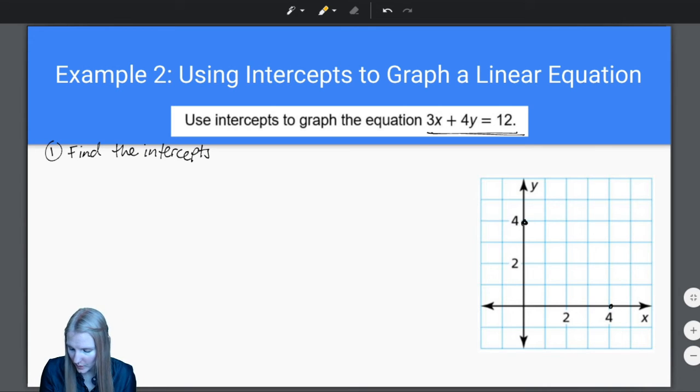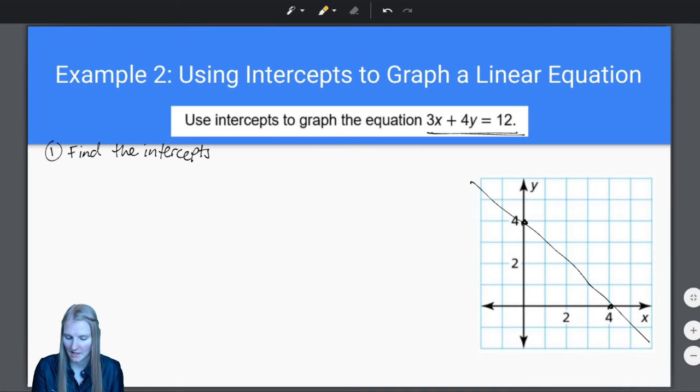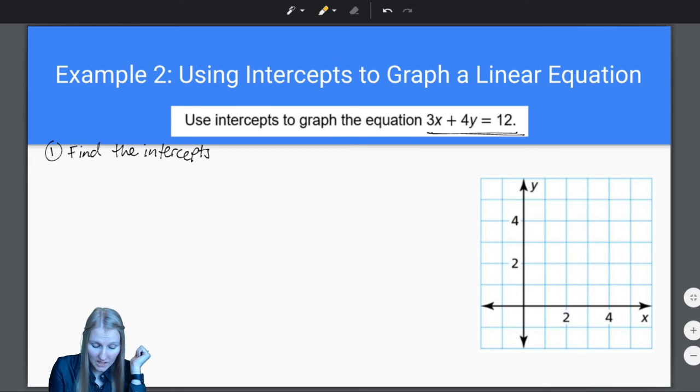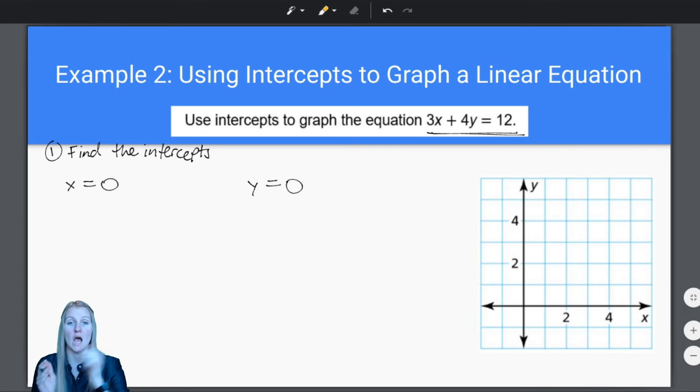Where are my points going to go that I need to connect to draw my line? Well, to find the intercepts, I need to make x 0 and I need to make y 0. It doesn't matter which one you do first. You can do whichever one you like first. So let's do x equals 0 first.